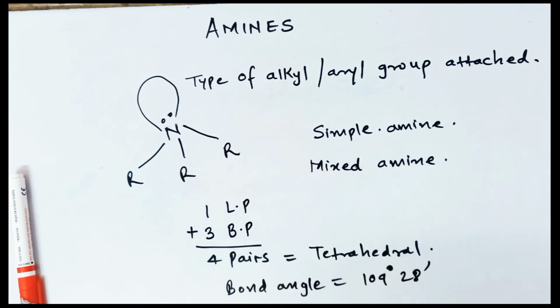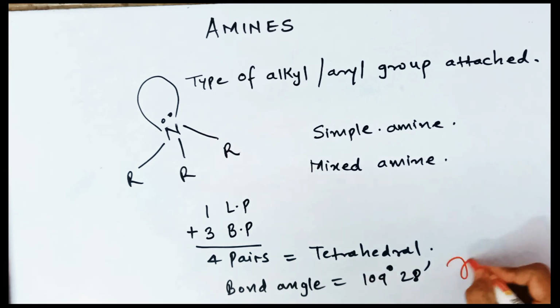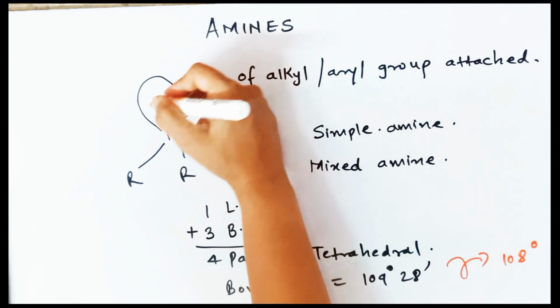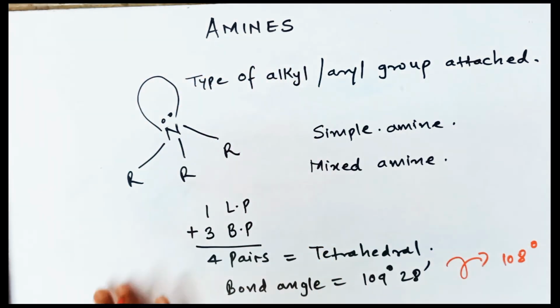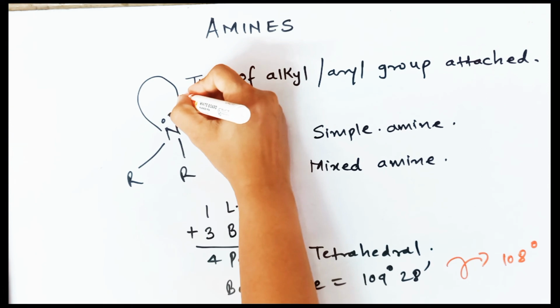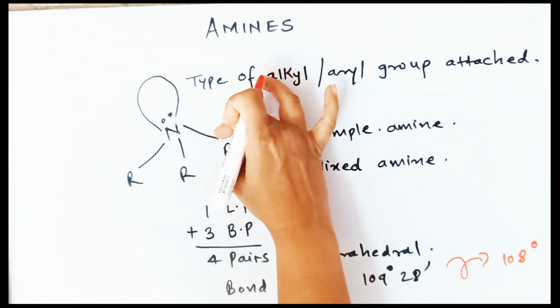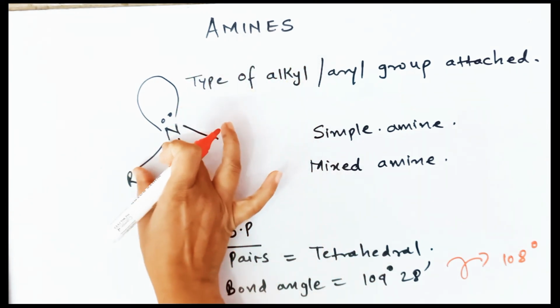But frankly speaking, this bond angle is going to deviate from 109 degrees 28 minutes to 108 degrees. So there is a little change in the bond angle. The bond angle has got reduced because we can see that there is a lone pair which is occupying so much of space, and it is going to be negatively charged. So this negatively charged cloud of electrons is going to repel this electron pair as well as this electron pair.